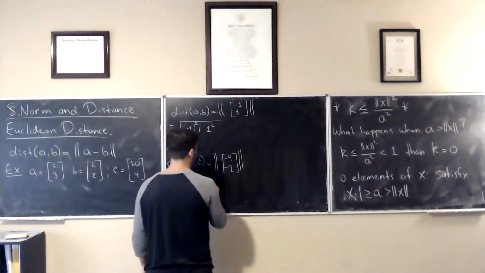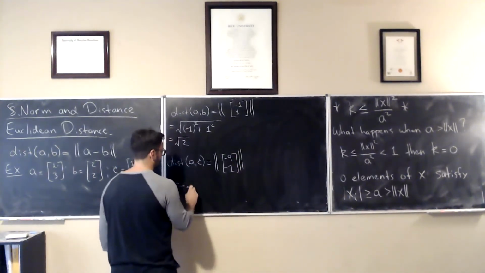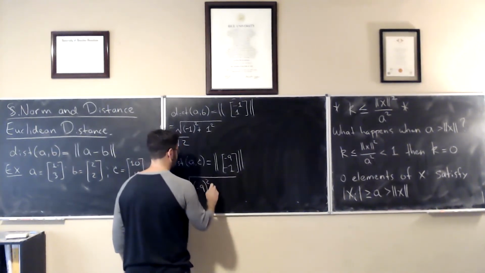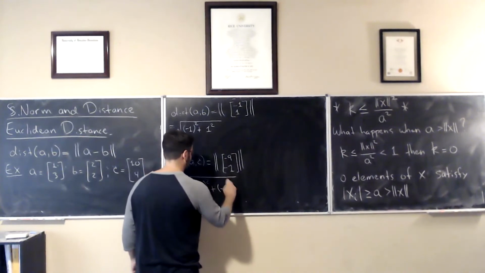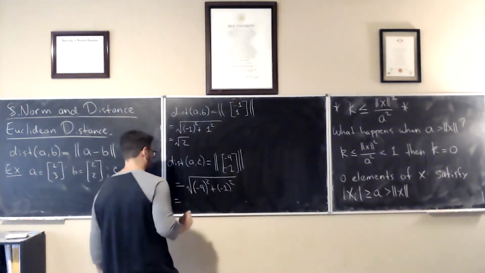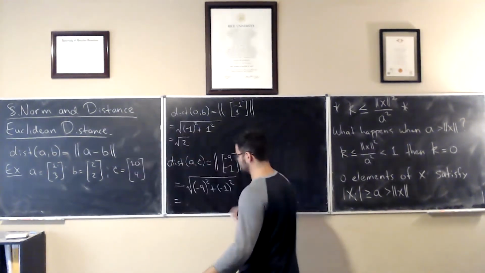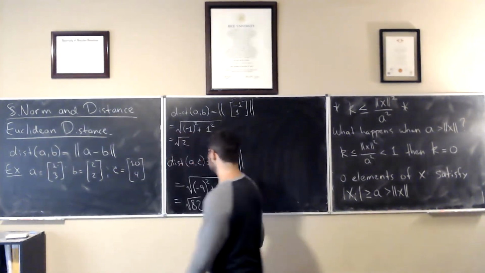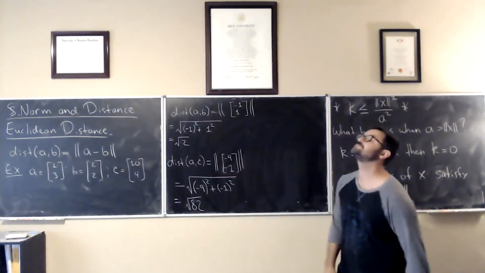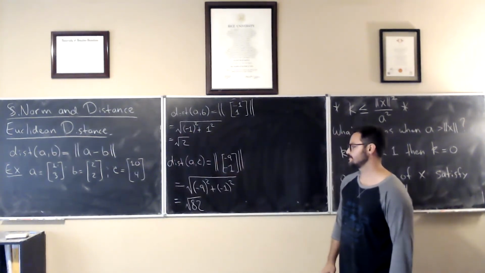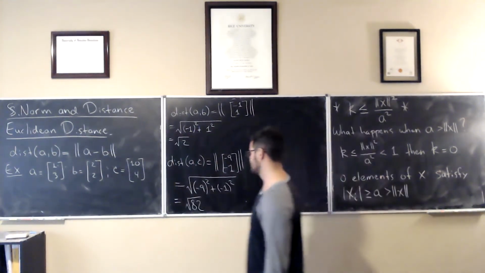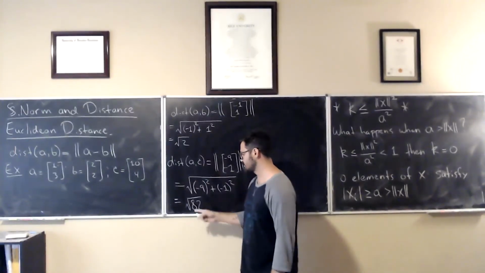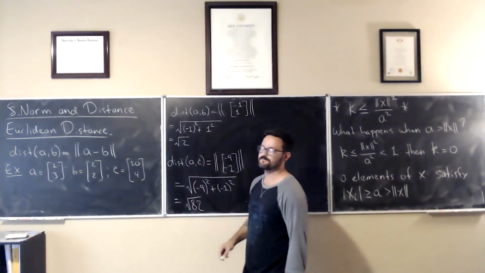So this will be equal to the square root of minus 9 squared plus minus 1 squared, which is root 82. You can compare these numbers and see that this is much bigger than that.